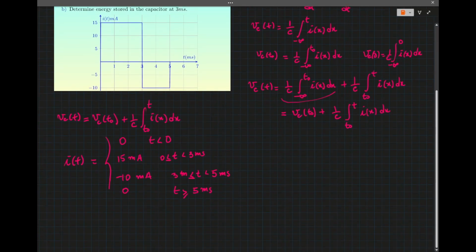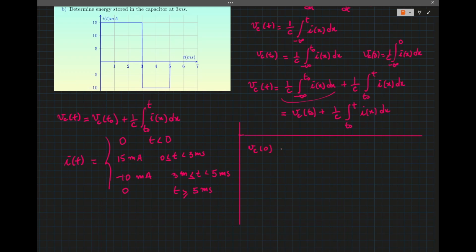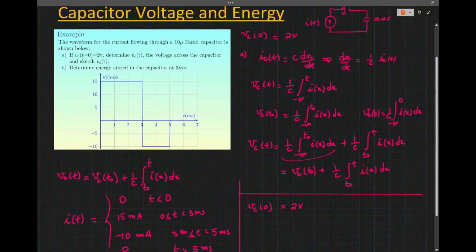So that's the current. Now I want to compute the voltage across this capacitor over time. I'm going to make space here to do that. I know that Vc of 0 equals 2 volts from what we were given.